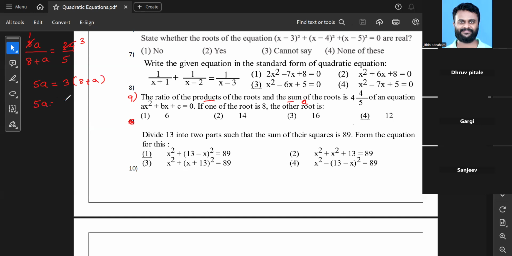That gives me 5a is equal to 3 into 8 is 24 plus 3a. I take 3a this side, 5a minus 3a gives me 2a is equal to 24. That gives me a is equal to 12. So the other root, which they were asking, is 12. I believe I'm clear. Yes, sir.